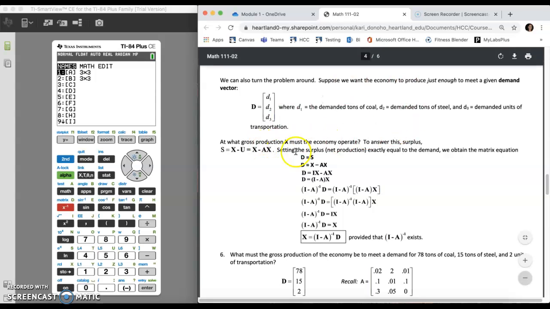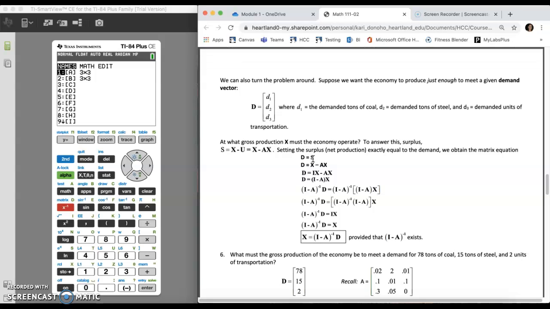Okay, so to answer this, basically I've gone through here and done all of the matrix algebra that gets us to the important equation that we're going to use. You will never have to remake this, but if you're interested, this is where this equation comes from because it's quite a complicated equation. Basically we're saying that we're going to set that demand, whatever the demand is, equal to the surplus, because if we can create enough surplus to meet that demand, then those two are the same.